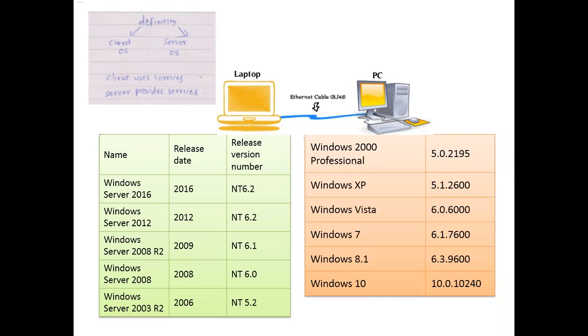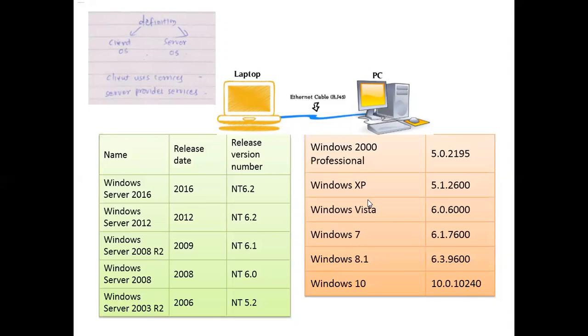Now you have understood the client and server difference. Then we have seen client OS, like Windows 7, Windows 8.1, Windows 10, and server operating systems like Windows Server 2016, 2012.